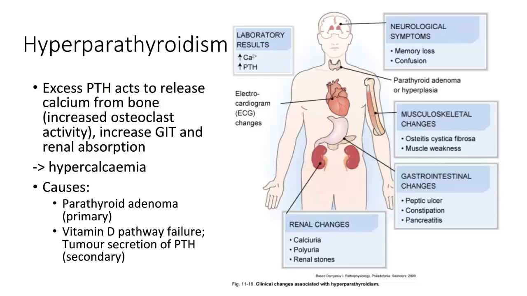We can see things like renal stones because there's too much calcium being deposited into the kidneys and too much calcium in the urine. And it can actually lead to polyuria, so urinating far too often. It can cause problems with constipation. It can influence things like peptic ulcer. It can cause problems with pancreatitis because it can activate the enzyme pathways, and it can result in things like memory loss and confusion.